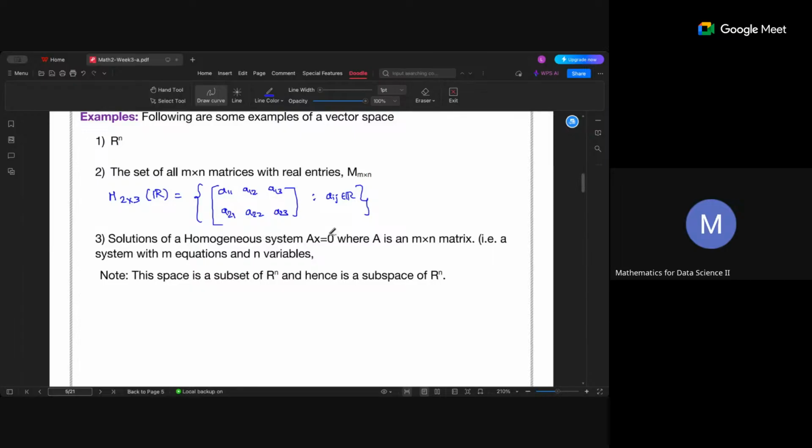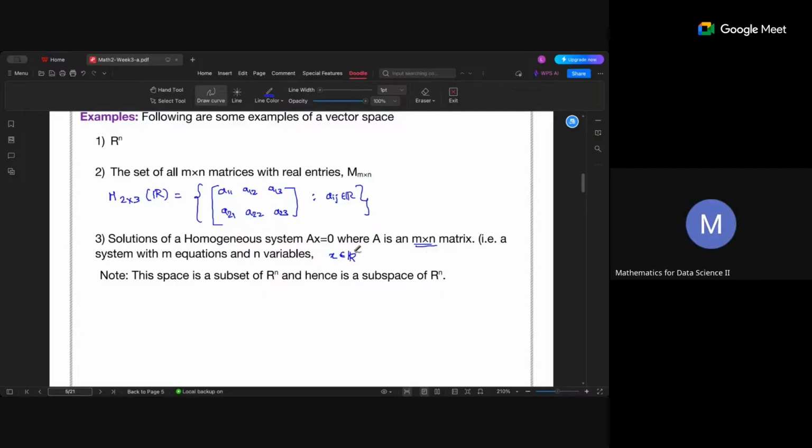This was the very first example we saw today: solutions of a homogeneous system, where A is an m by n matrix. So we have m equations and n variables, right? This is actually a vector space. You should note one thing: where do these vectors belong? A is m by n, so X should be n cross 1.